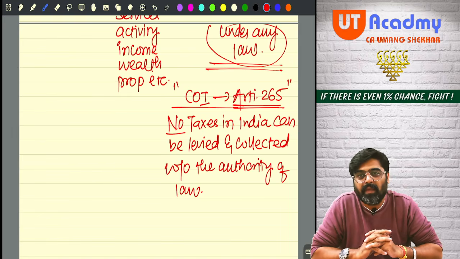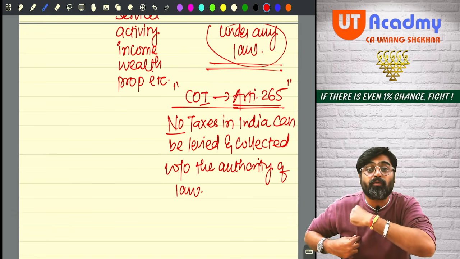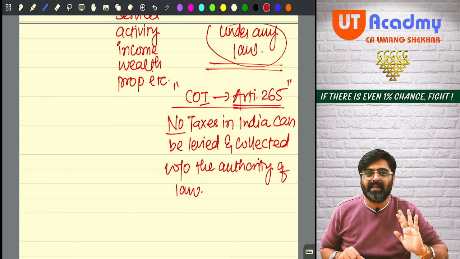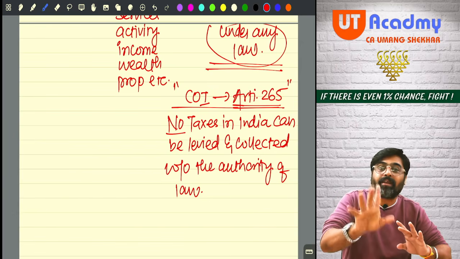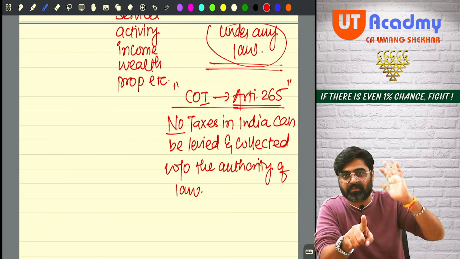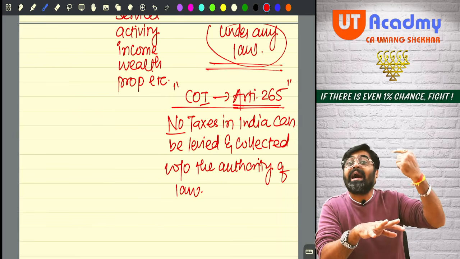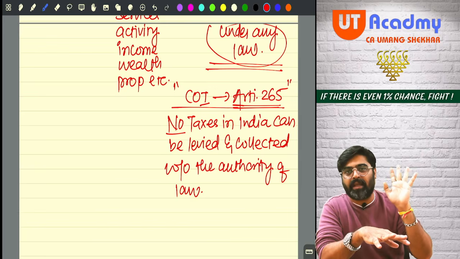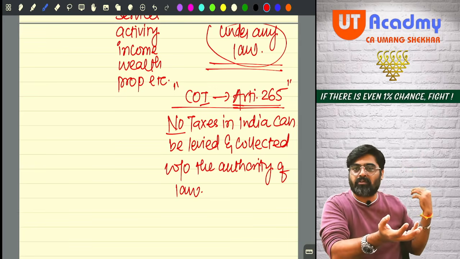Meaning what? If you are liable to pay, that tax will go out from your pocket only. That means the person liable to pay will also bear those taxes. He cannot shift the burden of this tax to someone else. For example, if I am earning income and I am liable to pay tax on that income, I cannot shift my burden of income tax onto someone else.